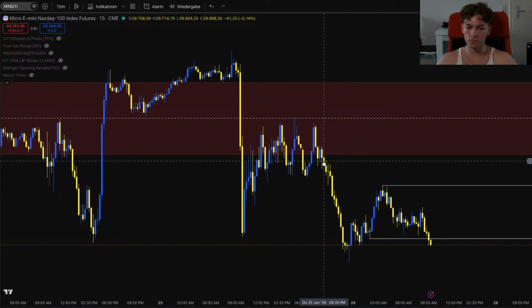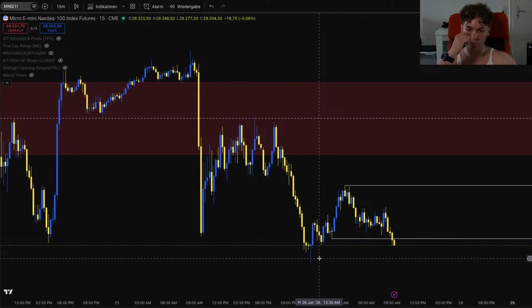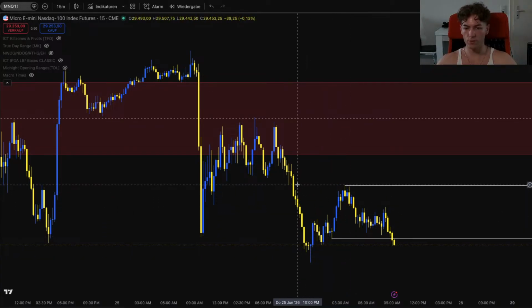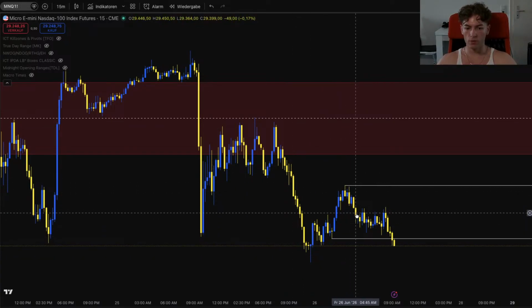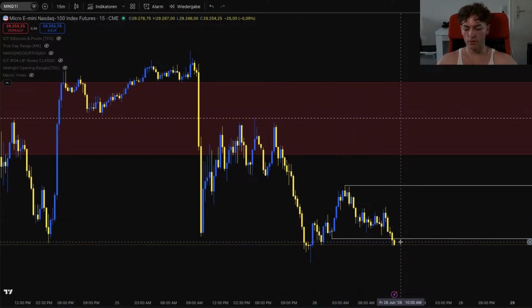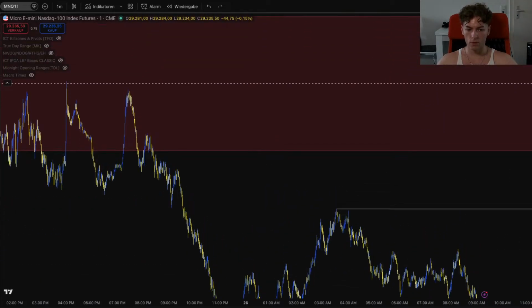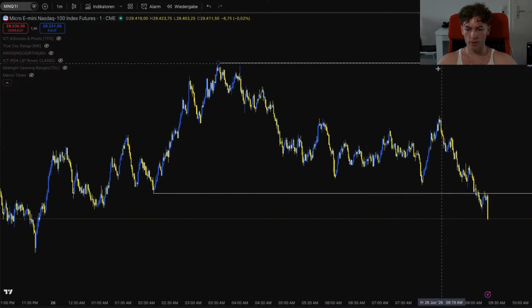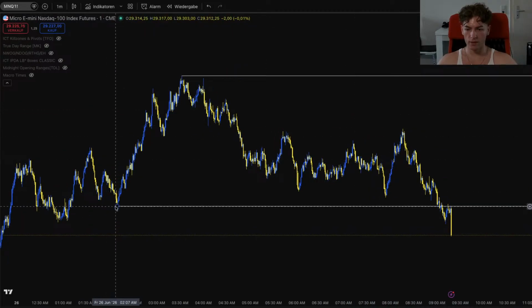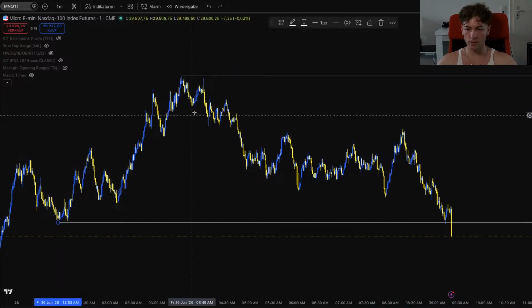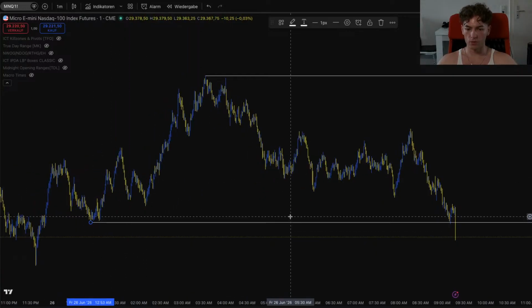So that's what happened so far in today's London session. We retraced back up into a fair value gap, dropped lower, and we are already moving lower. I wanted price to actually stay inside of these two highs and lows.